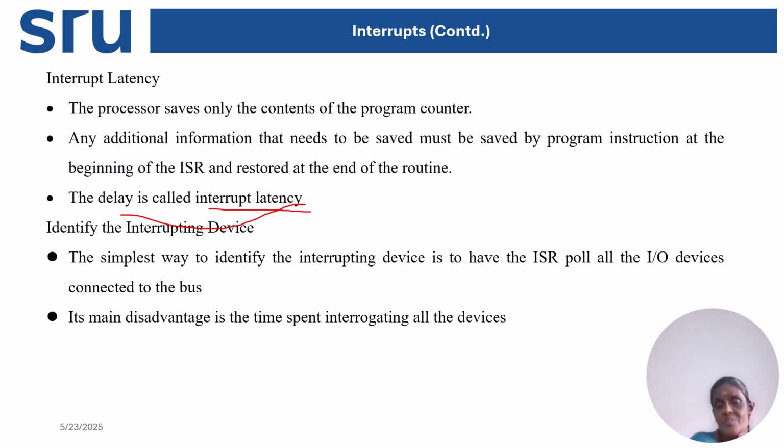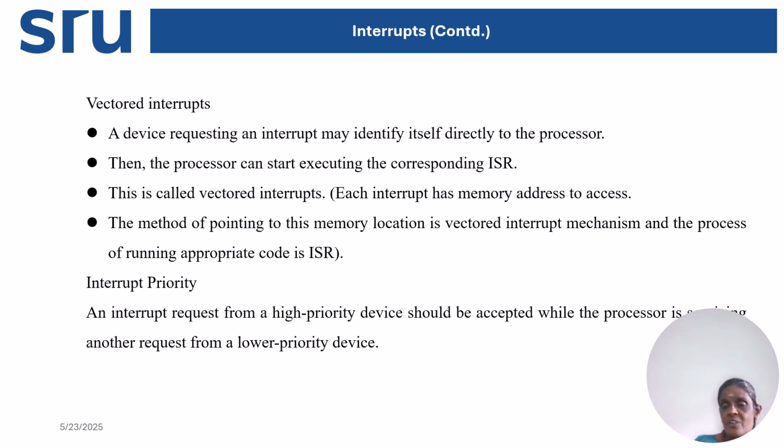It has to poll all the IO devices, all the external peripherals connected to the bus of the processor, one by one. It has to verify and confirm whether you have interrupted. Its main disadvantage is the time spent interrogating all the devices. So many devices means so many times it is asking, and the time is getting wasted.